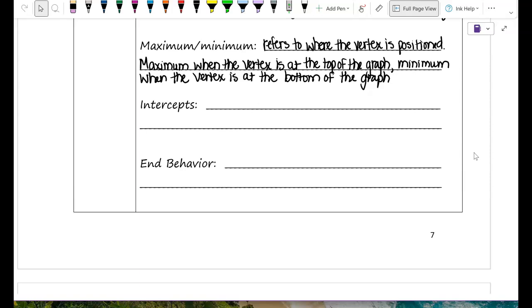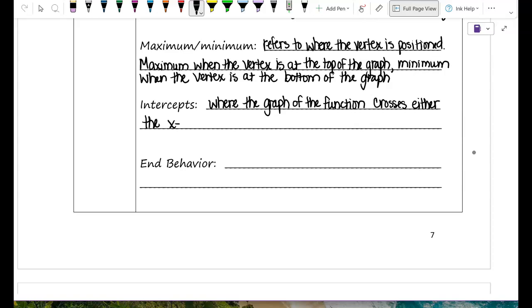So intercepts is where the graph of the function crosses either the x or y axis.